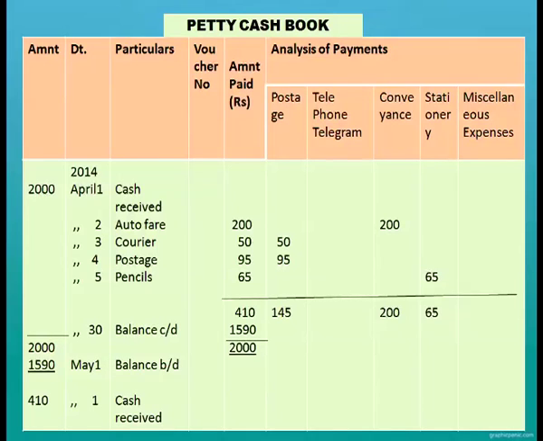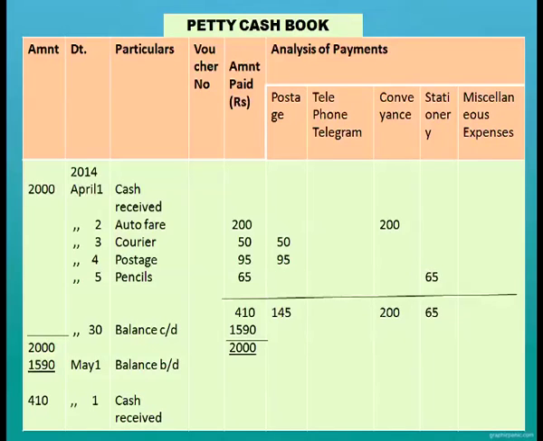And in the particulars column here, you will write both receipt accounts and payment accounts. So, for auto fare, you have made payment. Courier, you have made payment for rupees 50. Postage for rupees 95 and pencils as stationery, you have made payment for 65 rupees.